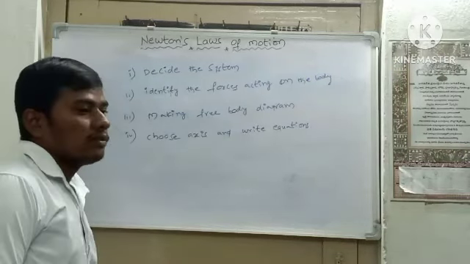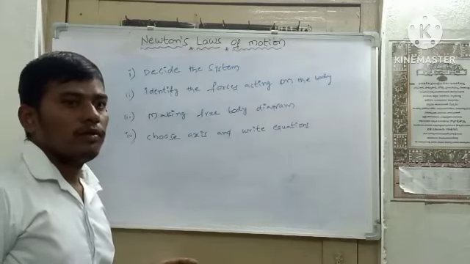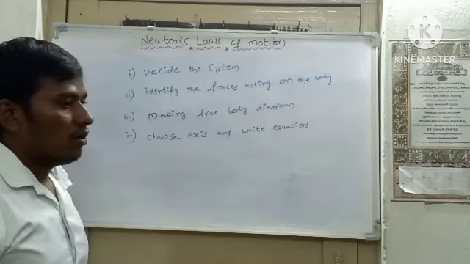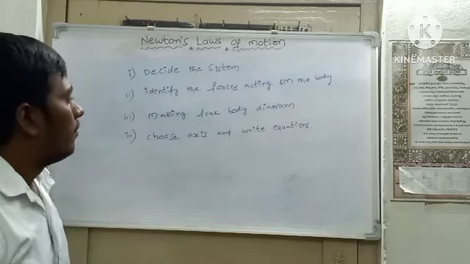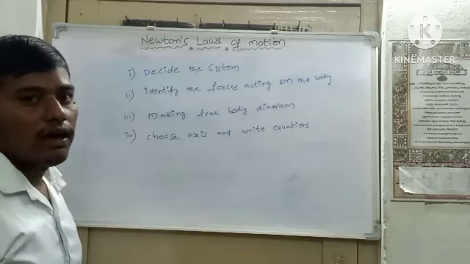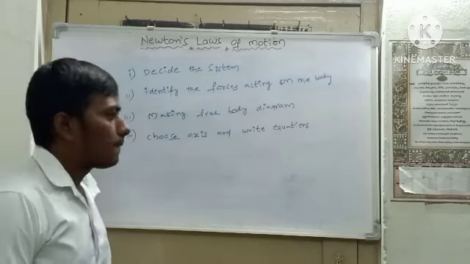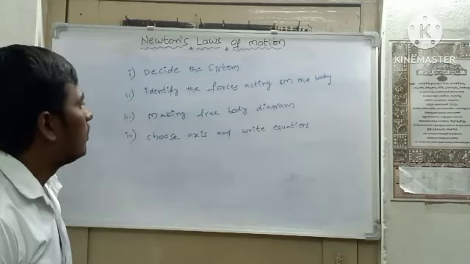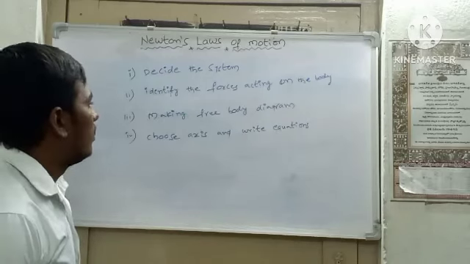The problem is a body of mass m which is pulled on horizontal table by a string. The string making an angle theta with respect to the ground. And the acceleration of the body is equal to a bar.